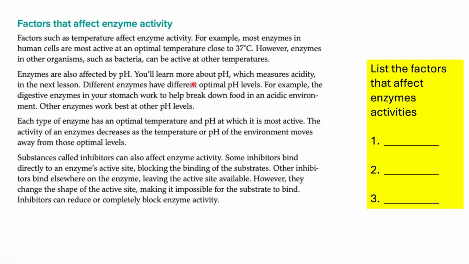The same thing for pH. What is a pH? If you don't know, pH is the acidity of any solution. pH is a scale from 1 to 14 to measure how acidic or basic the solution is, measuring the hydrogen ion in the solution. The digestive enzymes, for example, in our stomach work to help break down food in the acidic environment.